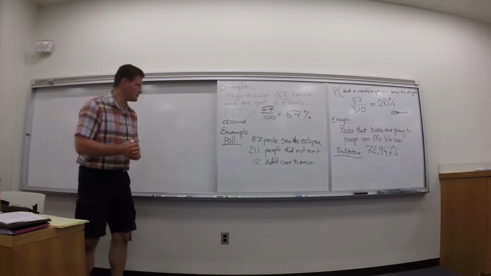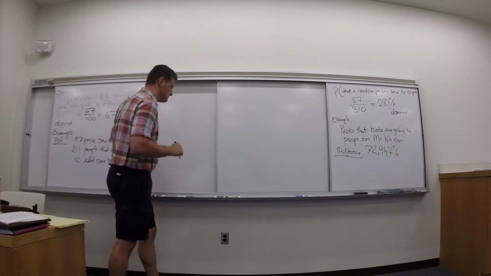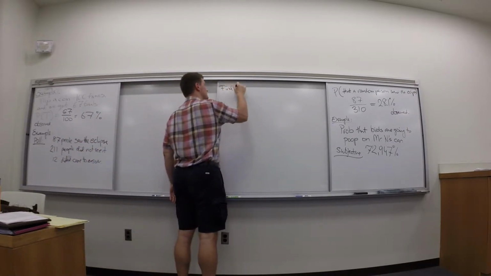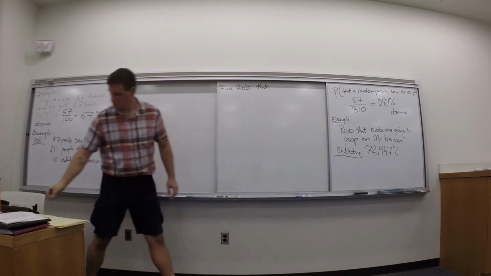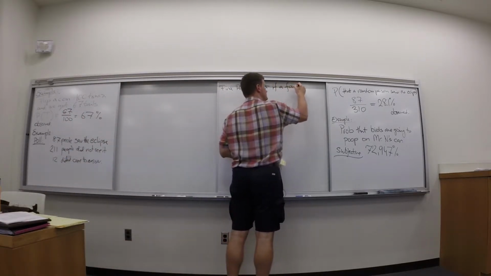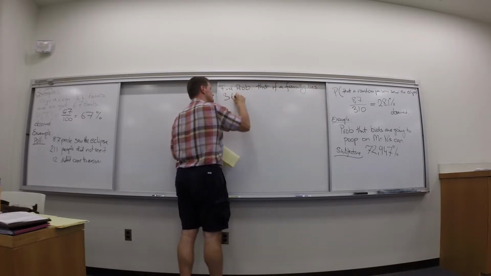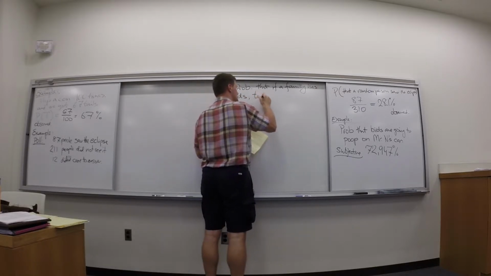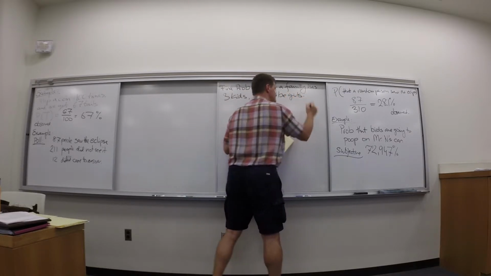All right, let's crank it up a notch and make it a little bit more exciting. So let's look at this. Find the probability that if a family has 3 kids, two will be girls.